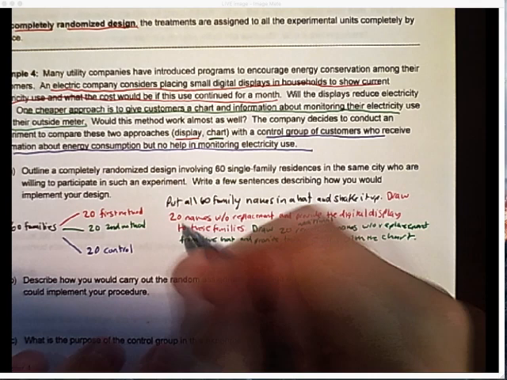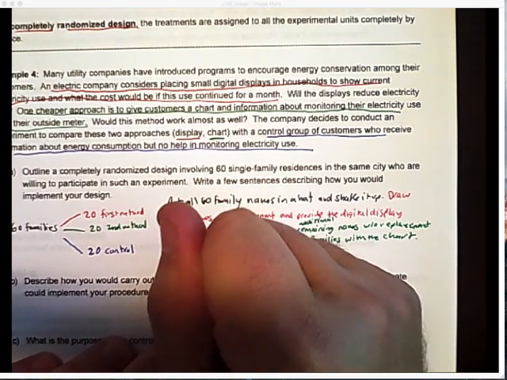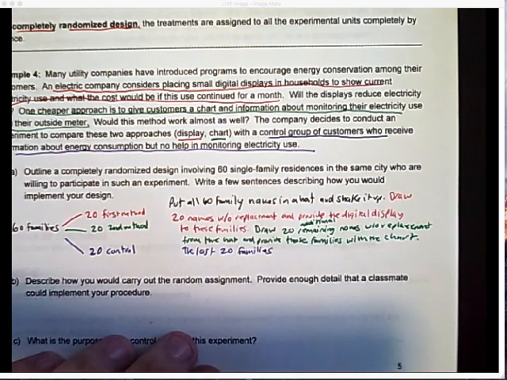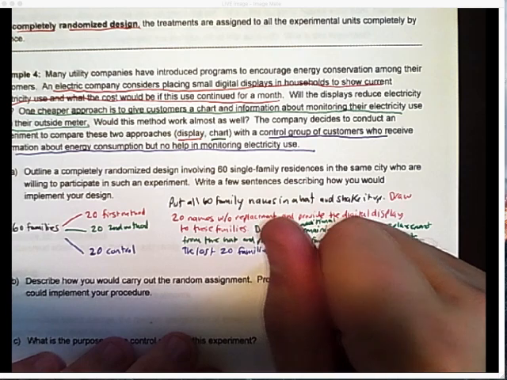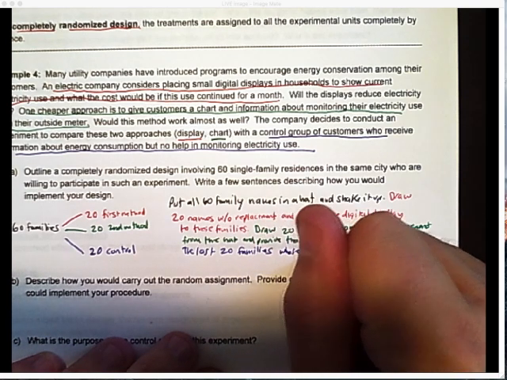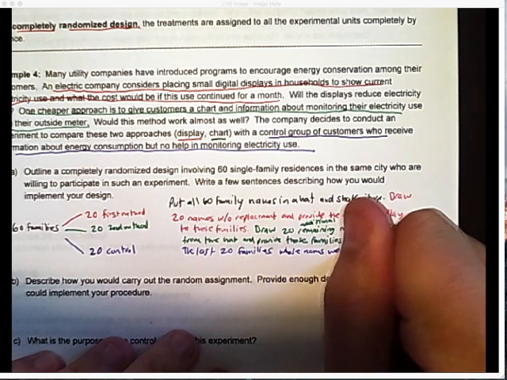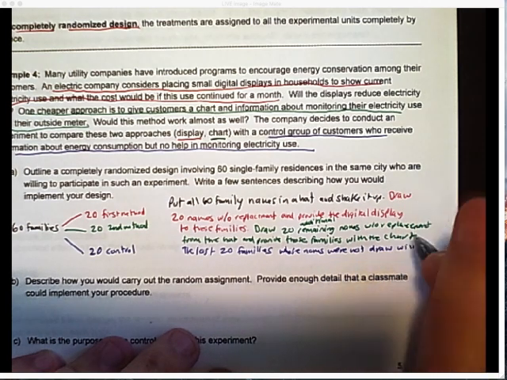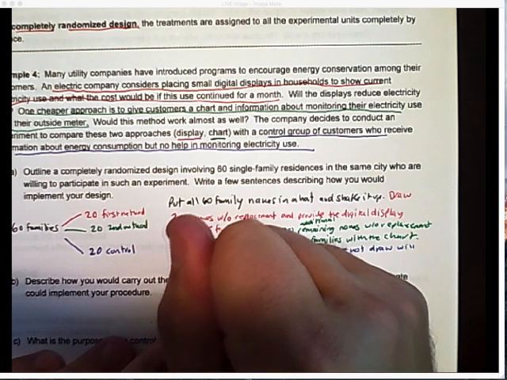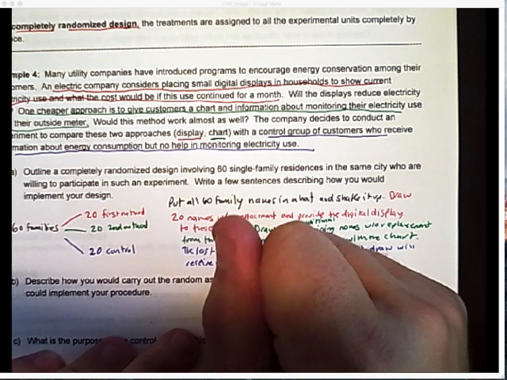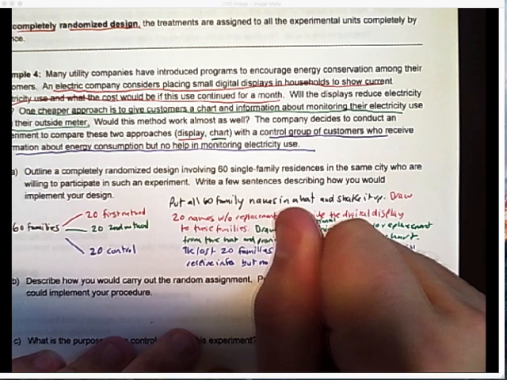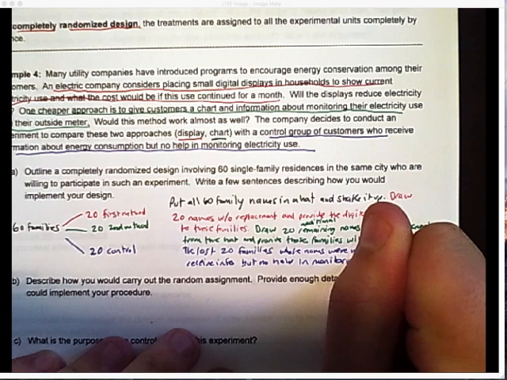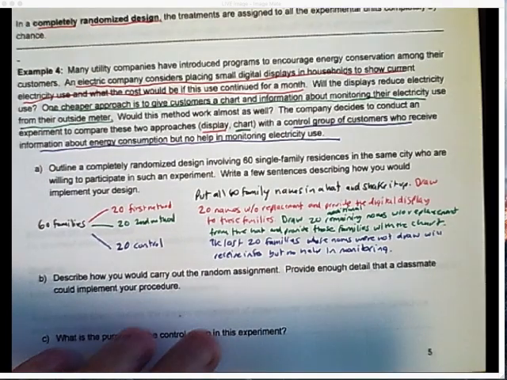Okay. The last 20 families whose names were not drawn will receive info but no help in monitoring. Okay, so that's my design. That's my experimental design right there.